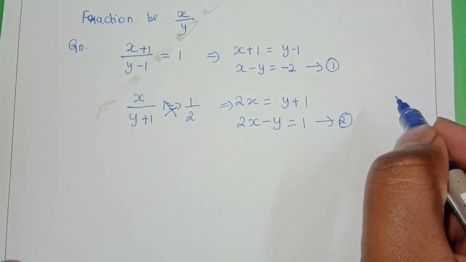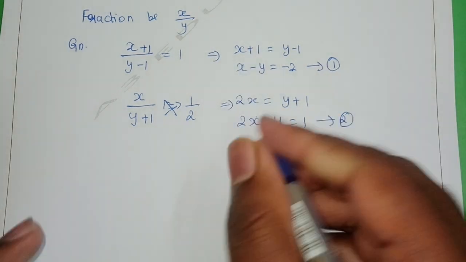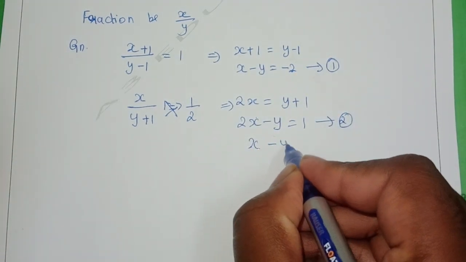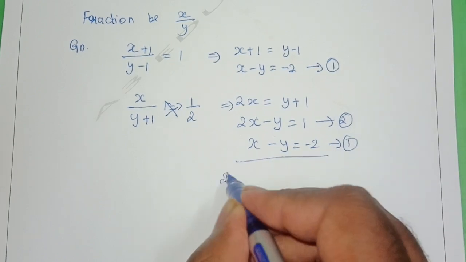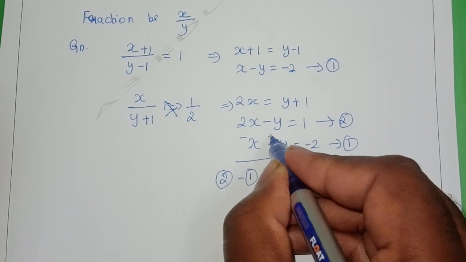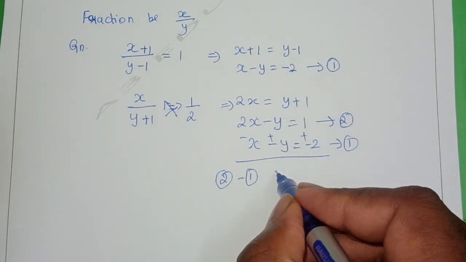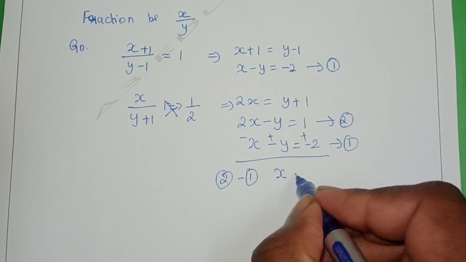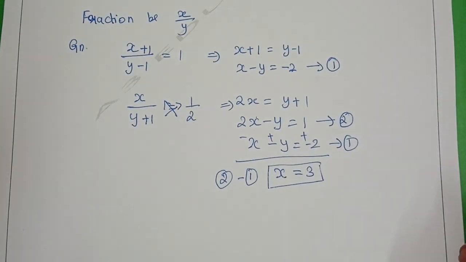This is the equation number 2 we got. Now subtract 1 from 2, change the sign, this becomes plus. Therefore, 2x minus x is equal to x, which is equal to 3. Therefore, x is equal to 3.